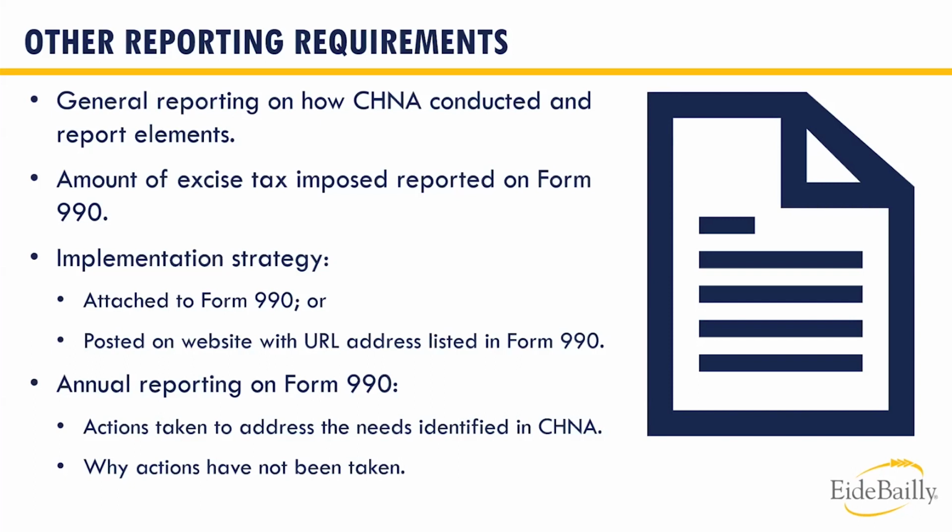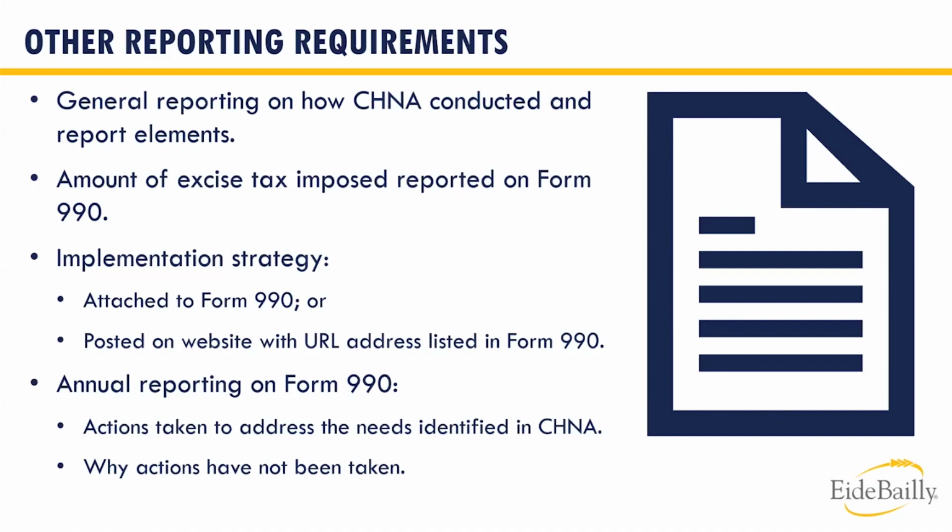So there's some general reporting just on how you conducted it, what was included in your report. As long as you do your report based on what we just talked about, you'll be able to check all those boxes. Any excise tax that you were assessed because you didn't do the community health needs assessment, hopefully we're not going to see any of that.